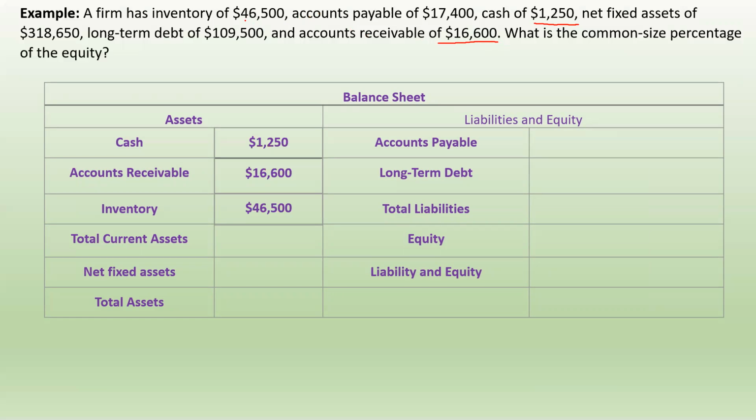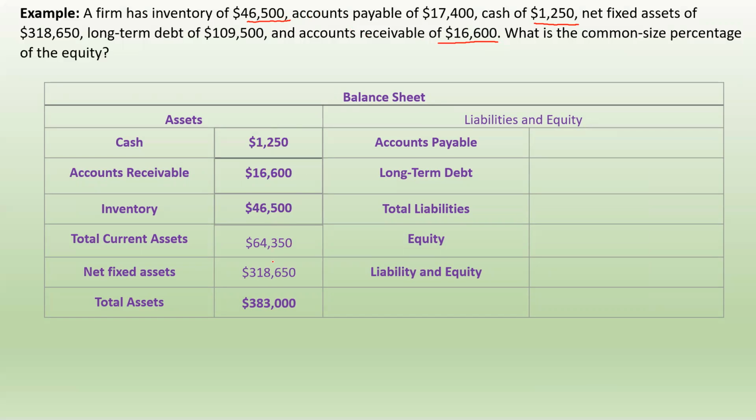Inventory is 46,500. Total current assets is the summation of those three, so it's 64,350. And then with the net fixed assets, we find the total assets is 383,000.